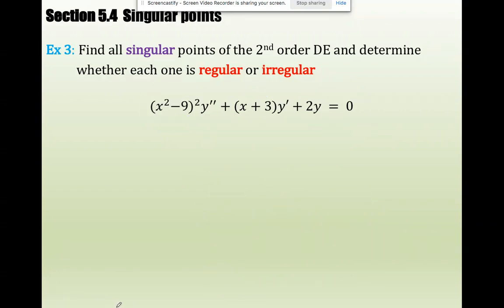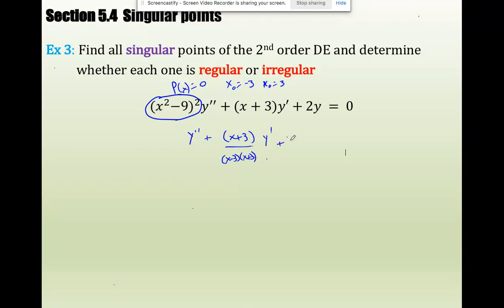Let's do another one. What makes p of x equal to 0? Right? And when you divide through, so you have 2 singular points to check.